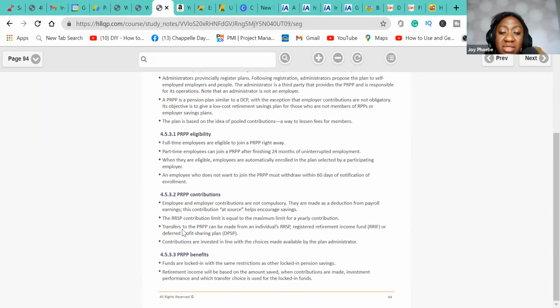Also, the RRSP contribution limit is equal to the maximum limit for a yearly contribution. Okay, transfer to a pooled registered pension plan can be made from an individual RRSP, registered retirement income fund, and deferred profit sharing plan. Awesome.